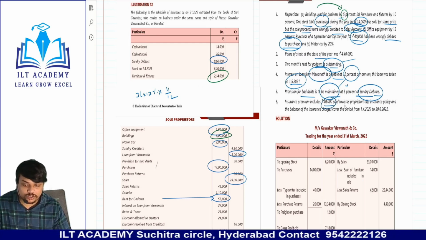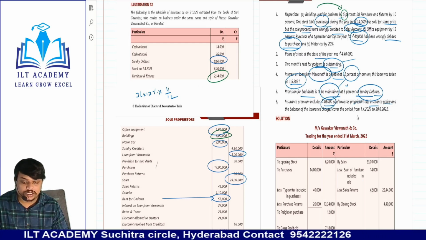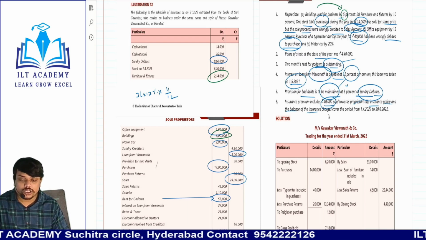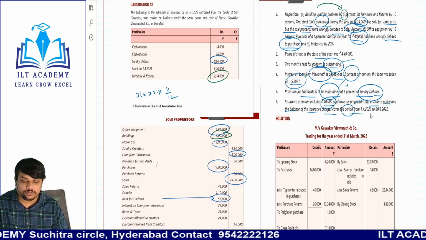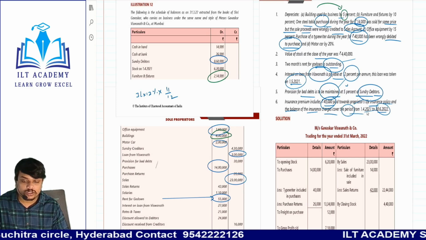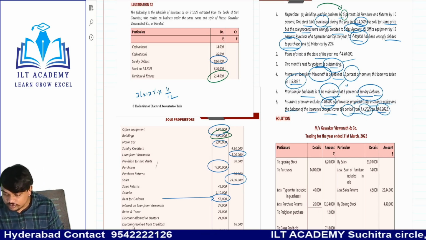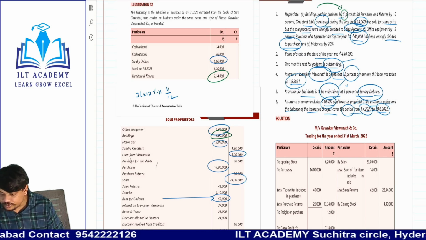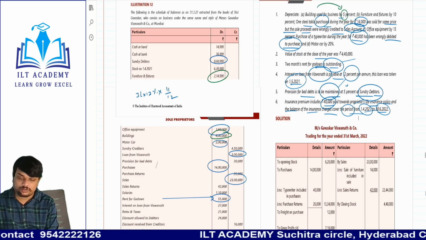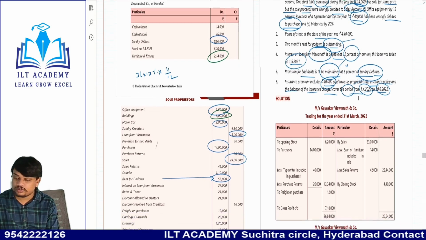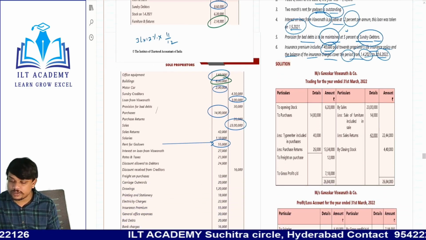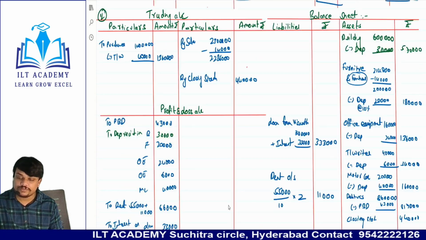Insurance premium includes 40,000 paid towards proprietor's life insurance policy, and the balance of the insurance charges cover the period from 1/4/2021 to 30th June 2022. This is very important. Now if you see, insurance premium is 55,000.